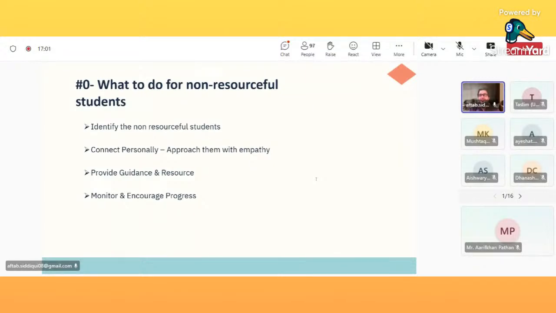So you can provide some guidance. And also you can monitor their progress. Your work is not over in just giving them guidance. Check in regularly to track their improvement in attendance, engagement, performance, and offer some positive reinforcement for small achievements. This will help the student build their confidence and motivation.